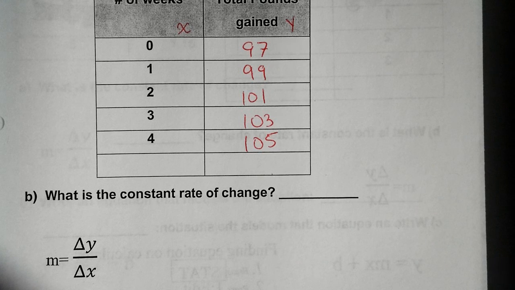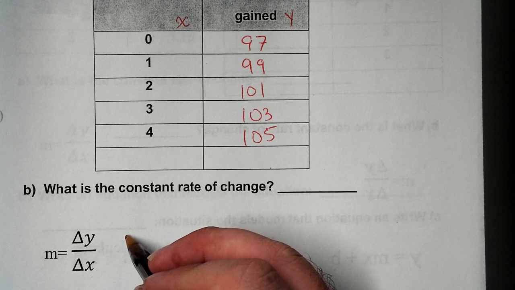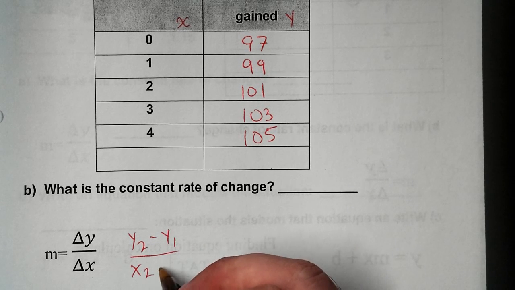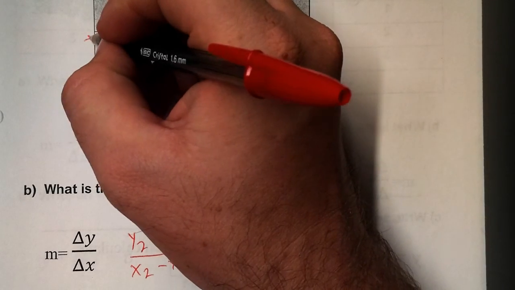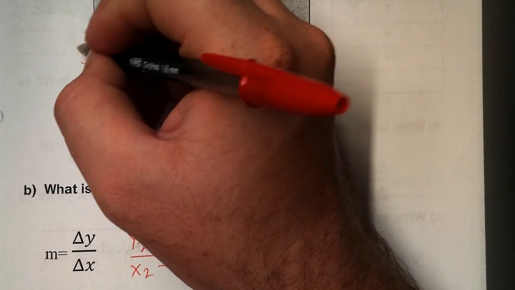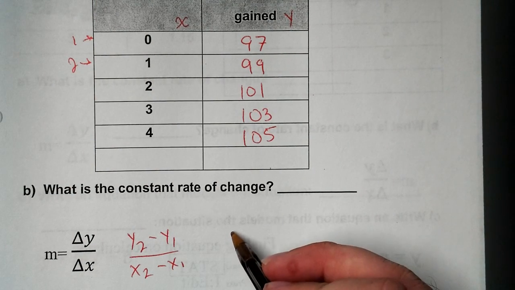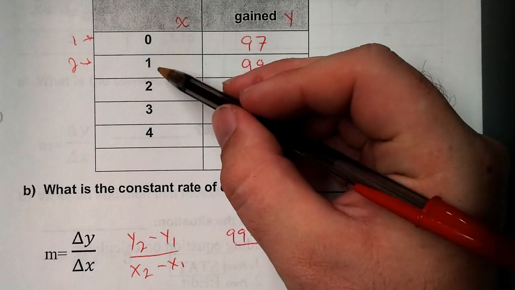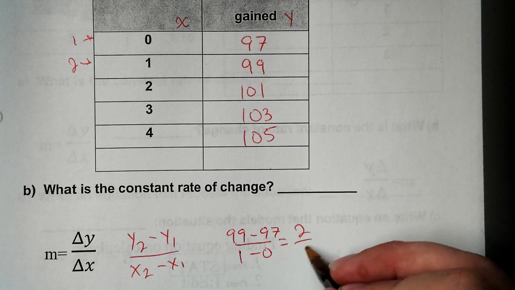So what we could do is set this up as our equation and find out what the slope is by doing y2 minus y1 over x2 minus x1. So if we do that, let's select this as point 1 and this as point 2. So these are my x's, y's are on top. So it would be 99 minus 97 over 1 minus 0, which will give me 2 over 1.